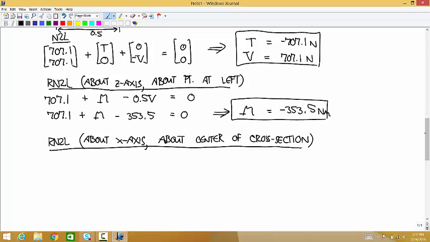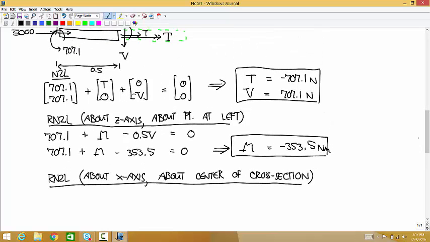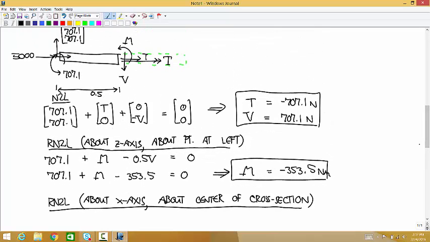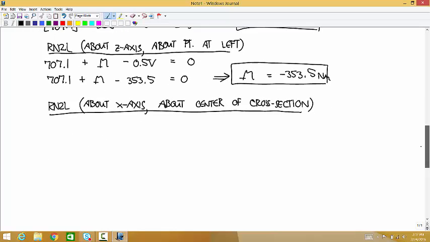Okay, so about the x-axis, we have this couple in the positive x direction. So that's 5,000.